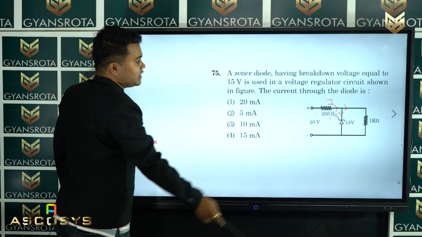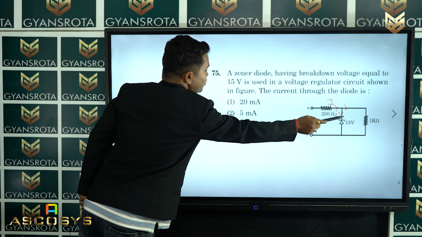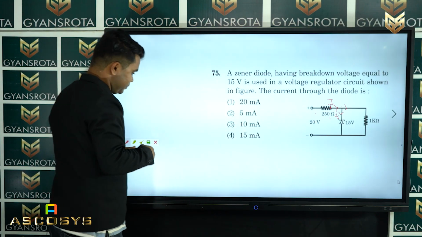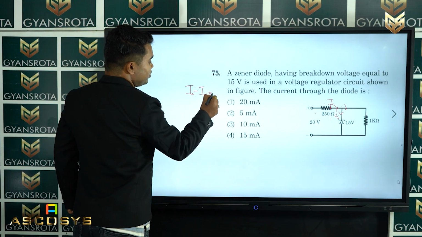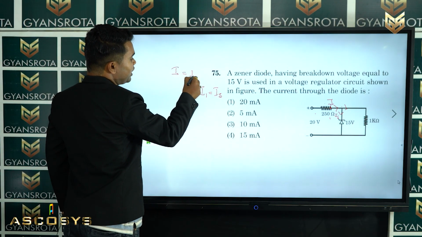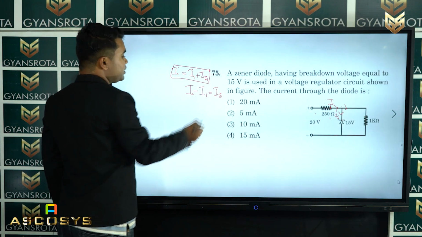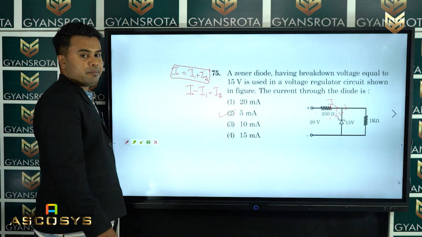Then I minus I1 will be equal to IZ, because according to Kirchhoff's law, I equals I1 plus IZ. With the help of this, you can solve this. So the right answer for this question is 5 milliampere.